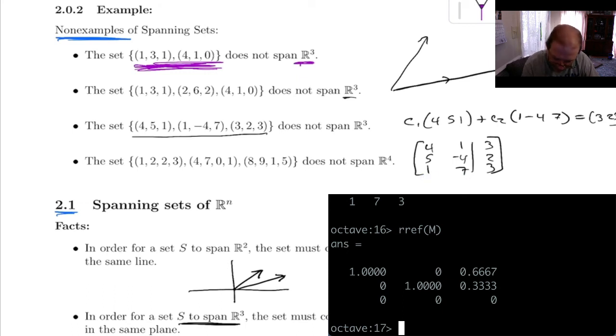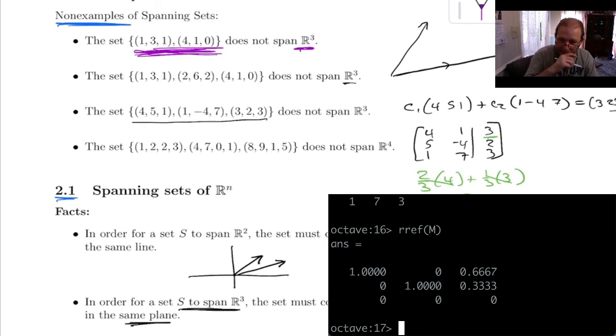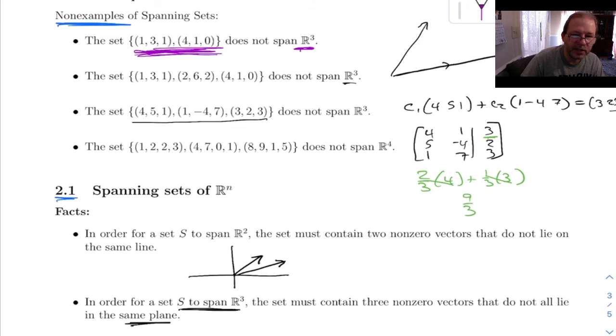So let's check that on one of them. 2/3 of 4 is... wait, no, 2/3 of 4 plus 1/3 of 3 gives me 9 over 3, which sure enough gives us 3. So I'm getting a little bogged down in the computation there, but the idea here is these three vectors all lie in the same plane.